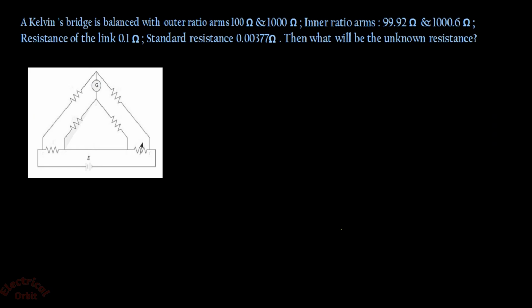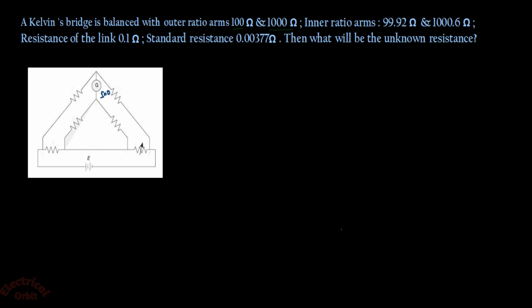Clear? Now let us understand the concept with an example. This is a Kelvin double bridge and the bridge is balanced. That means the current through this galvanometer is equal to 0. Clear? Now the outer ratio arms have the resistances of 100 ohm and 1000 ohm.